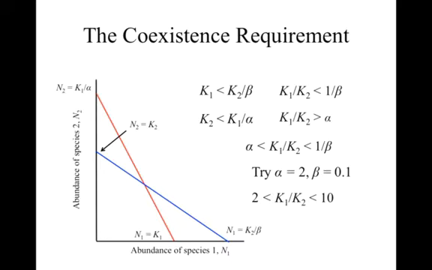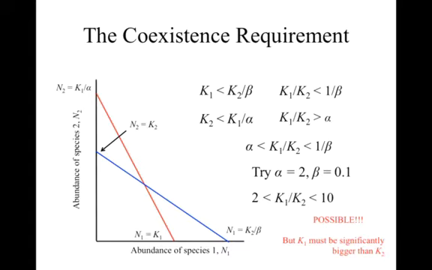So coexistence is possible because we can satisfy that equation, but what it took is having beta really, really small to compensate for alpha being big. So when interspecific competition is really strong on one species, we need it to be really weak on the other species to have coexistence, and we need to pick our carrying capacities correctly. So again, it's possible, but we're going to have K1 significantly bigger than K2, right?